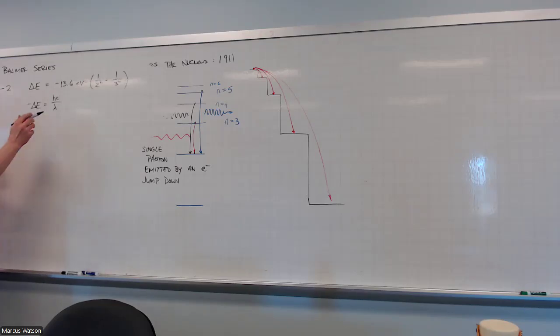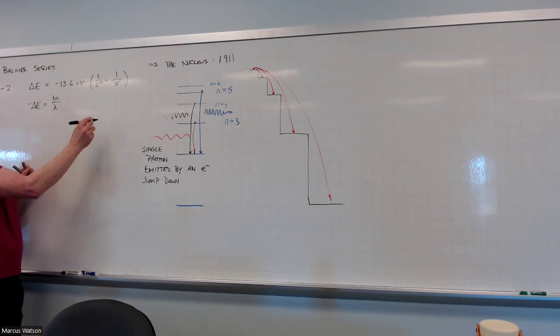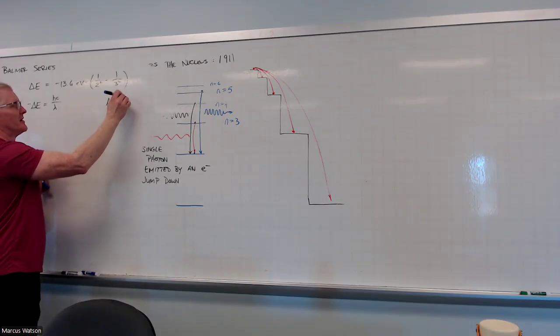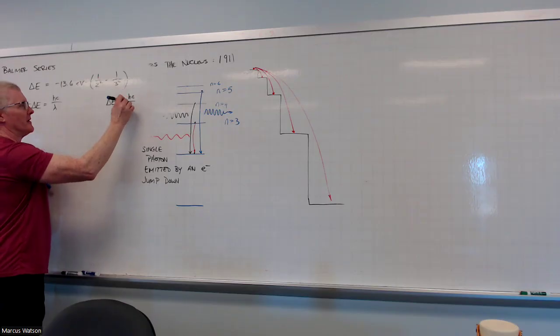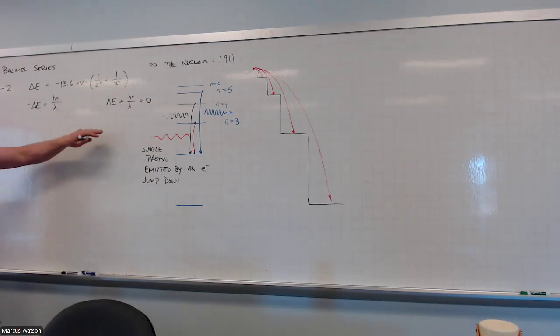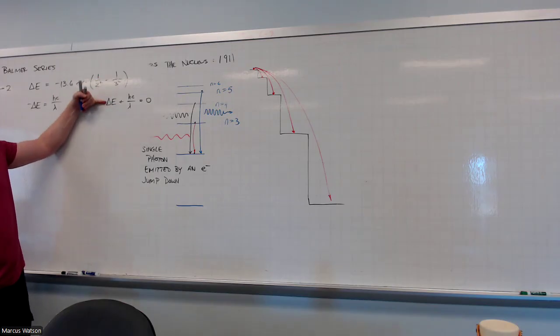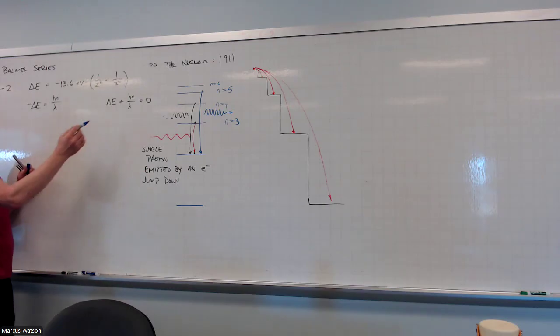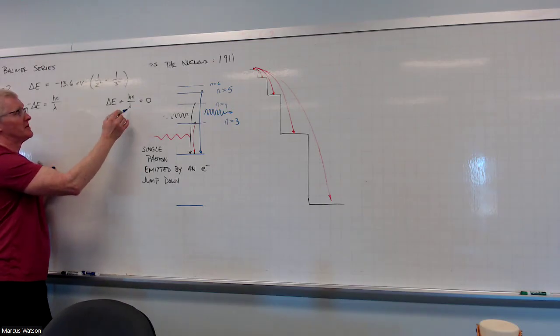Now, the reason we do this is because of the energy. Just a quick aside, why these are off by a negative sign: delta E plus hc over lambda should equal 0. By energy conservation, the change in the electron's energy plus the photon energy should be conserved, right?